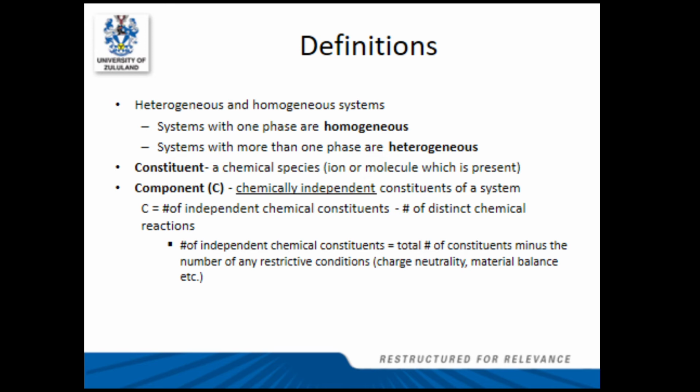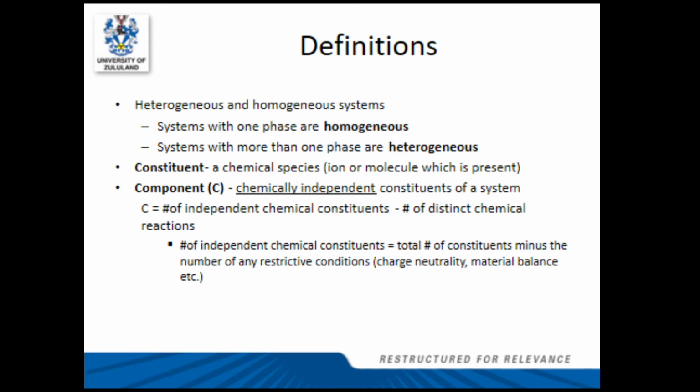In other words, for us to be able to calculate the component, we need to know the number of constituents. Even if the question does not say that we have to calculate the constituents, if you want to calculate the component, we have to start by calculating the constituents first. And let us not forget this formula: the number of chemical constituents minus the number of distinct chemical reactions.